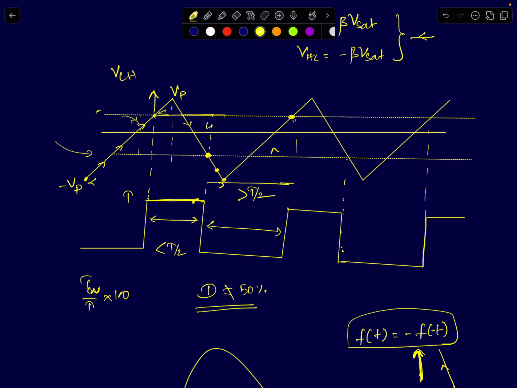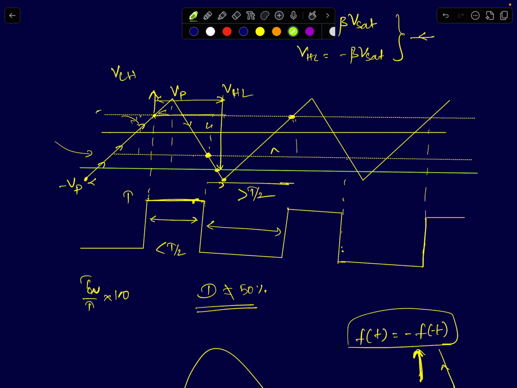If you choose this point, which is actually T by 2 seconds away from the low to high threshold, as your high to low threshold point, then you can guarantee your on time is T by 2 seconds. If your on time is T by 2 seconds, this is a periodic signal, so your off time will also be T by 2 seconds. So my new threshold voltage, where the transition is going to take place, will happen at a voltage which is not symmetric, which is not the negative of the low to high threshold voltage.